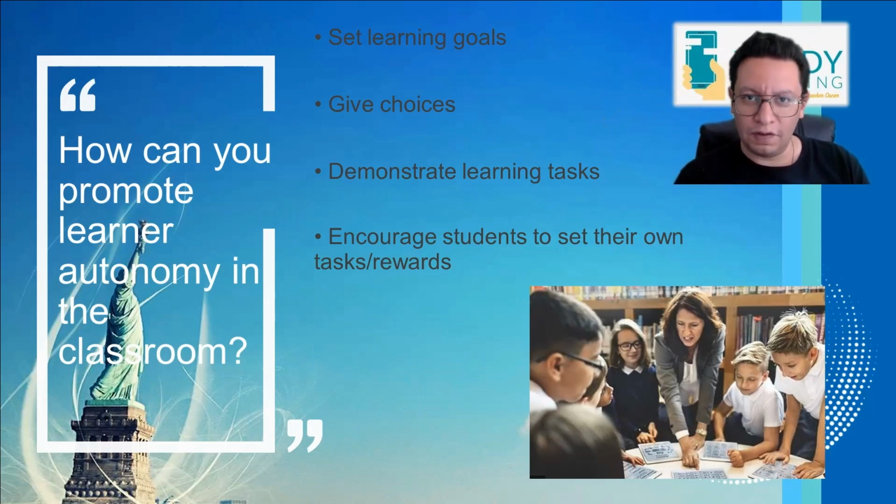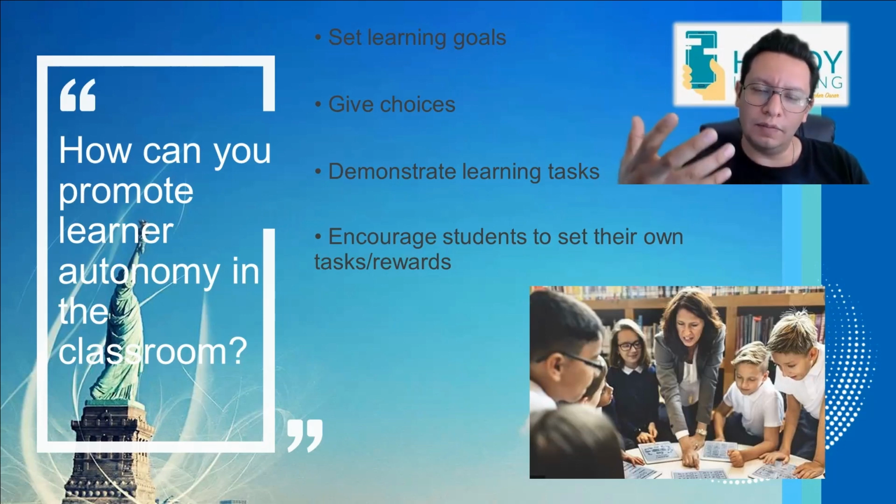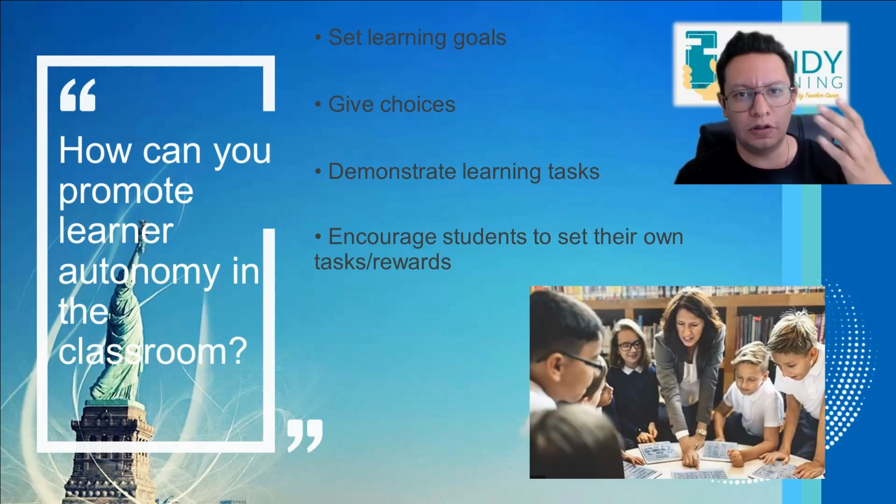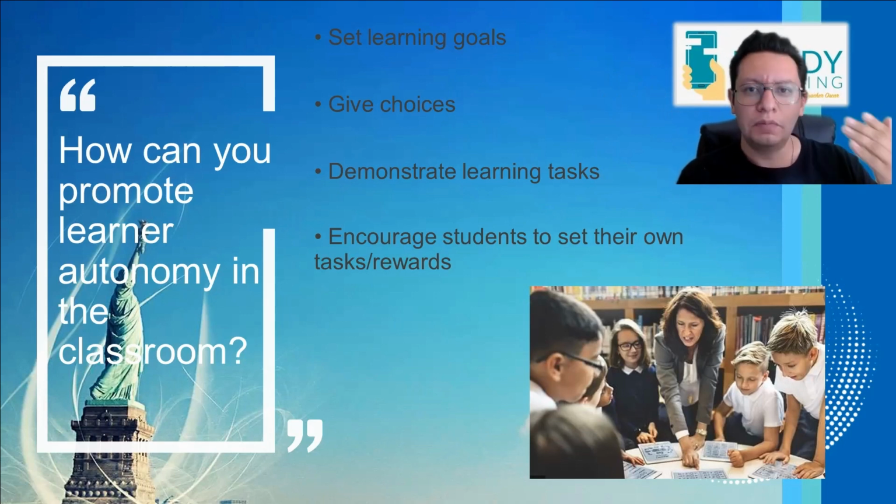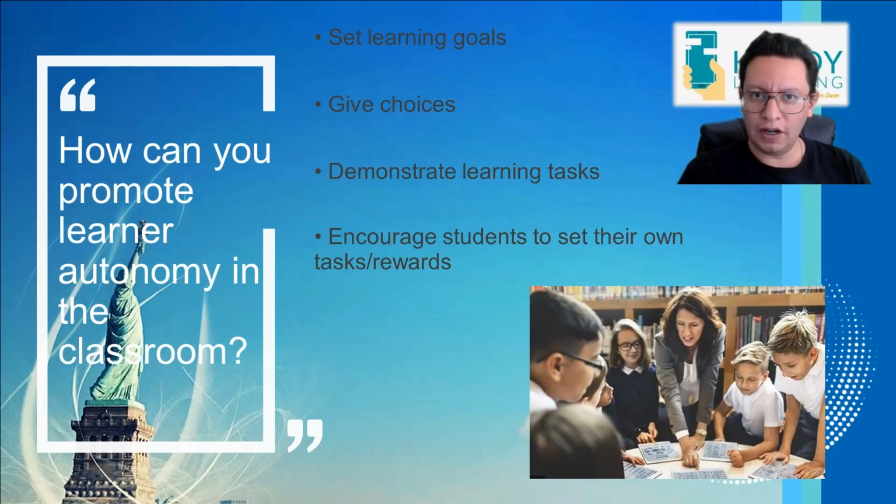You then definitely need to demonstrate, model what you want them to do. What are they going to be able to do by the end of a lesson? Maybe through a video or through a role play, you and another teacher, or just showing a scene or a dialogue. But you need to model somehow whatever they're going to reach so they can visualize themselves doing it. And finally, encourage students by asking them to give themselves a reward.